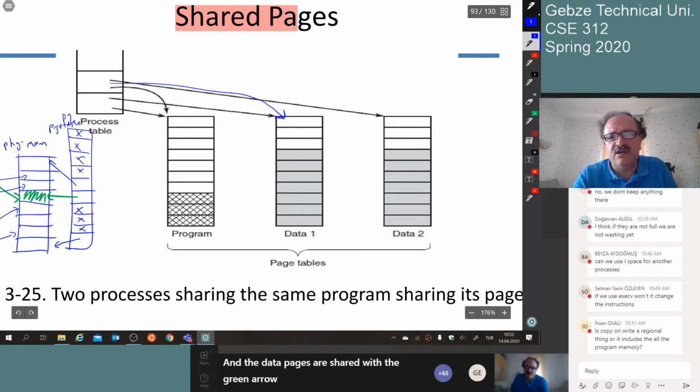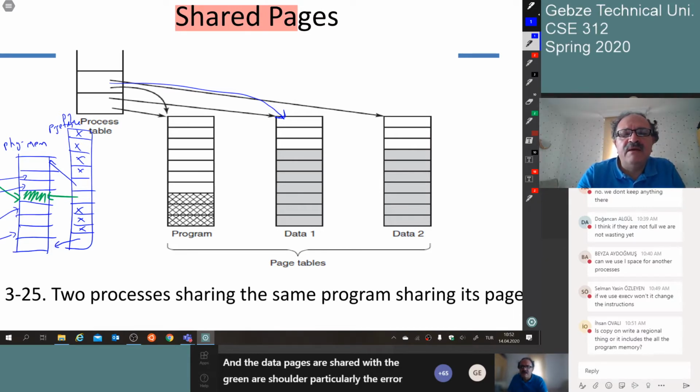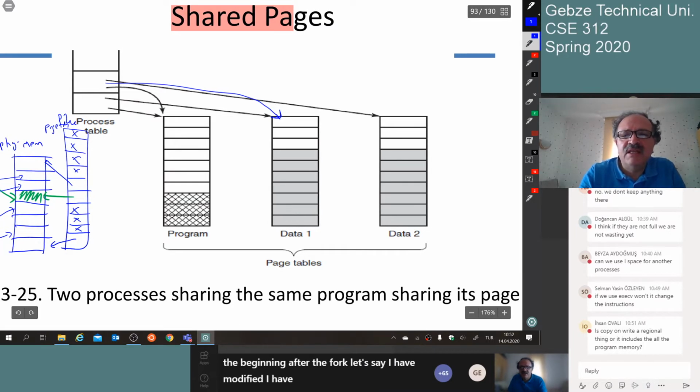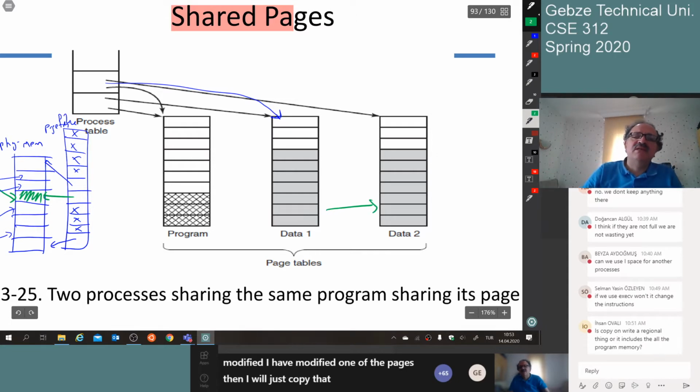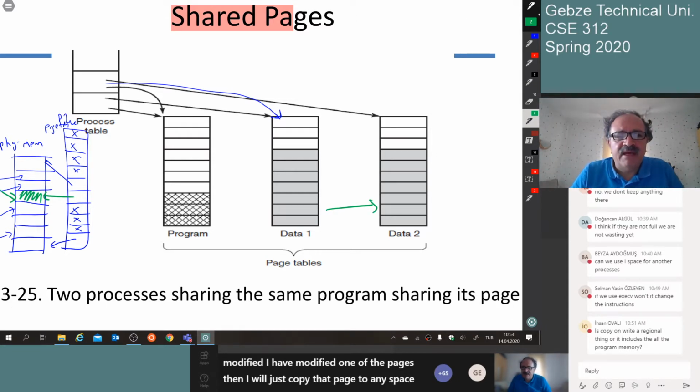Let's say I modify one of the pages; then I copy that page to a new space and update the page table of that process to reflect this change.